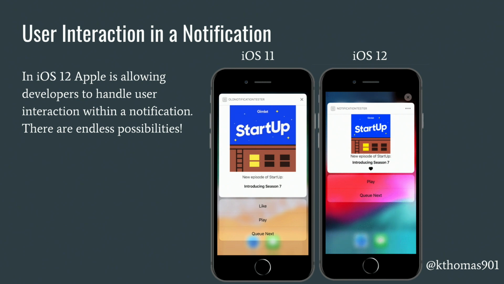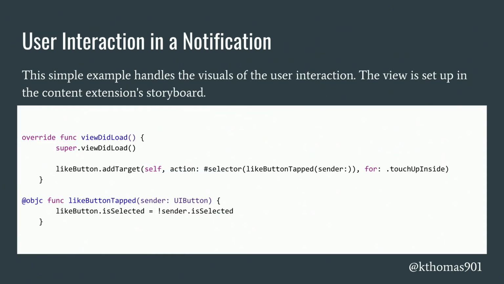So in this case, for our demo app, we used to have a like action. But why have a like action when now we can have a like button? So now I've created a heart button on the notification, which the user can select to like and unlike. And as with any view controller, there are really endless possibilities here. So how I did this, the view itself was just set up in the storyboard within the content extension.